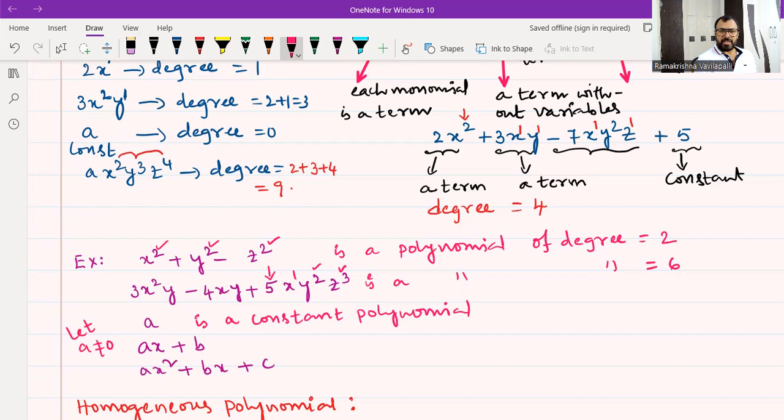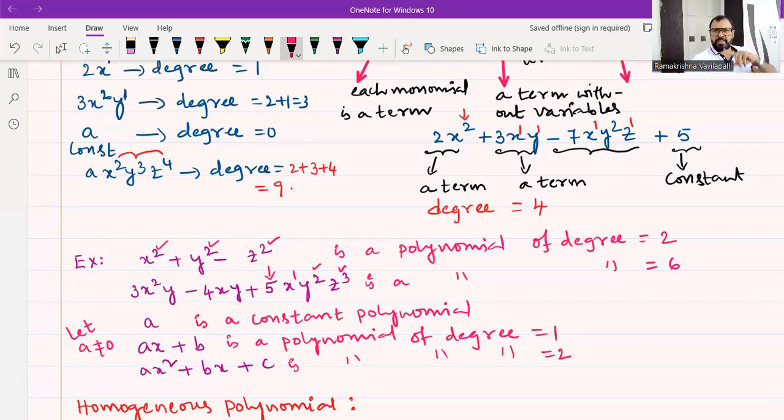So it is a polynomial of degree 1. This one is a polynomial of degree equal to 2. So polynomials can involve one variable or more than one variable.